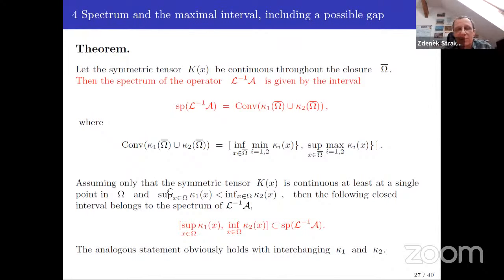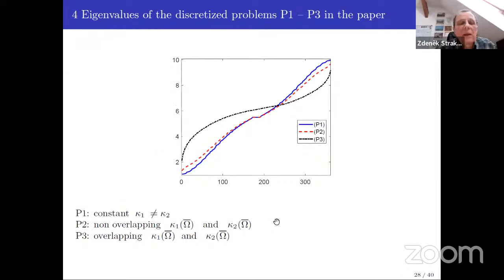Of course, there is nothing here with the ordering of kappa 1 and kappa 2, it doesn't matter. It's about the question about the hole. And now, if you do some experiments and discretize, so this whole paper was about the infinite dimensional spectrum, but you cannot do it otherwise than to discretize. So we discretized and computed the spectrum of the matrices.